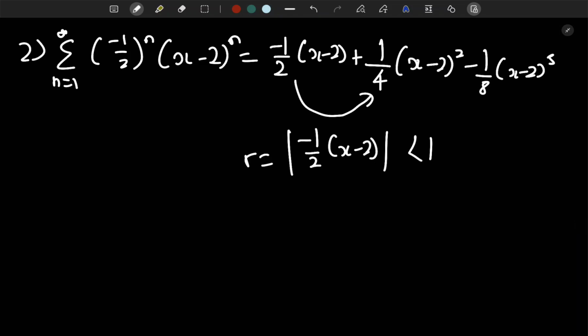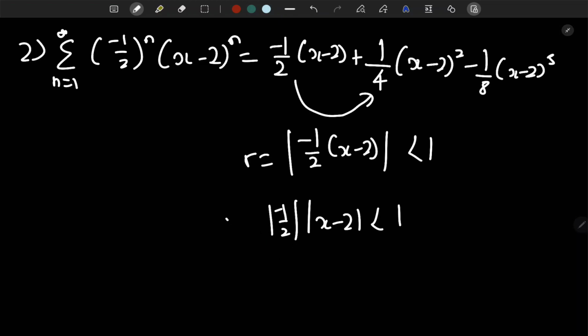The first thing we can do is distribute the absolute value sign on both of the terms. So it's going to be the absolute value of -1/2 multiplied by the absolute value of (x - 2), which is less than 1, and then let's bring this over there, so it's going to be a half multiplied.